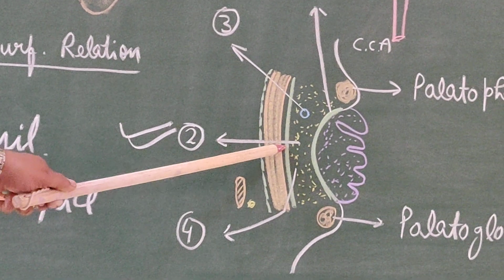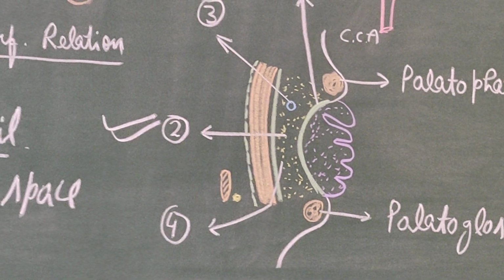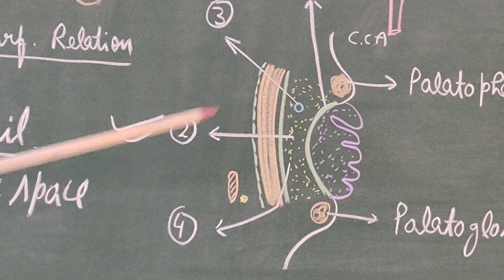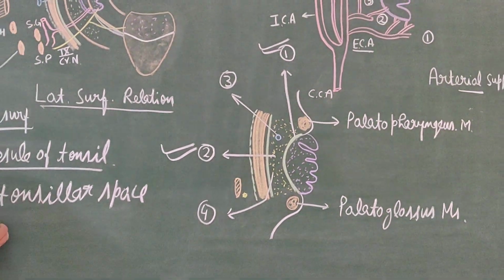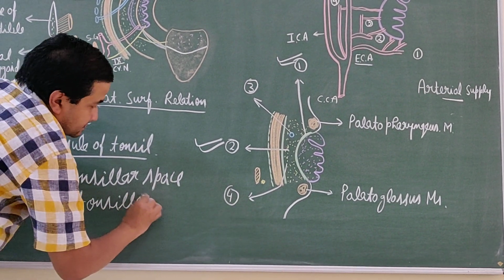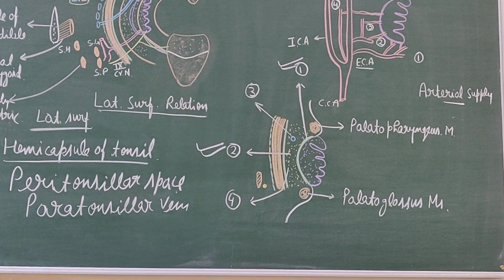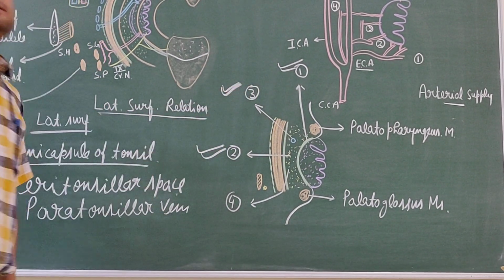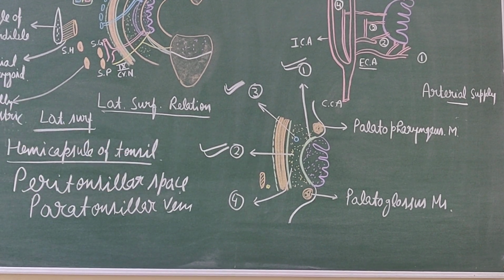and the superior constrictor muscles. This peritonsillar space has a vein. That vein is the paratonsillar vein. This is the important content. This is the paratonsillar vein that is present in this peritonsillar space.